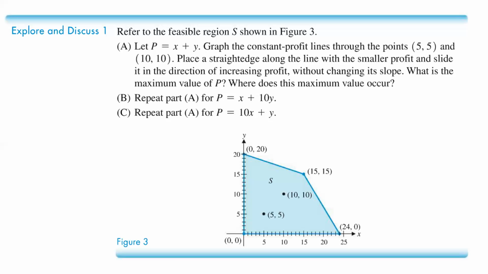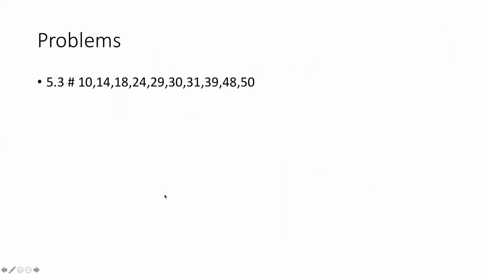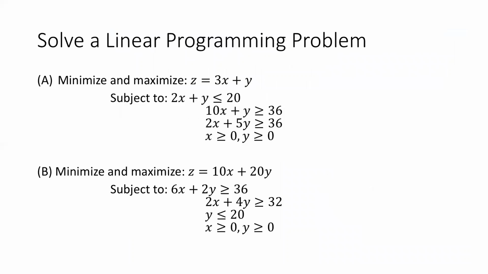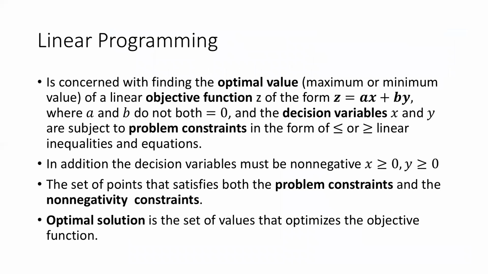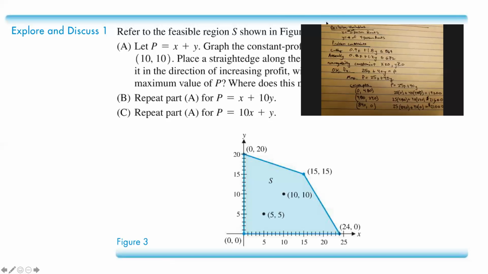But if you want, let's do it together real quick. In this case, if we have these problems right here, and you can't see what I'm doing, let's make sure you guys can see it.